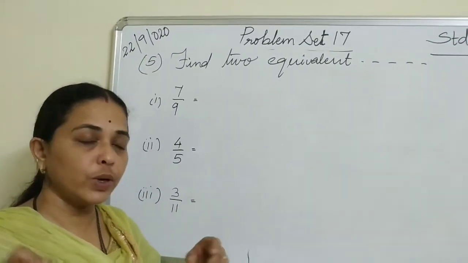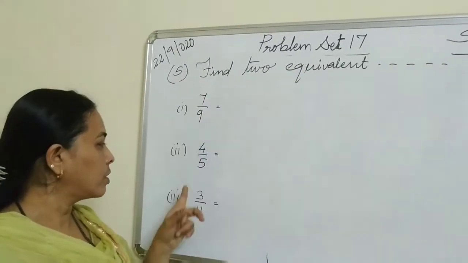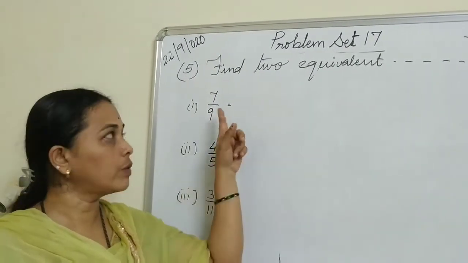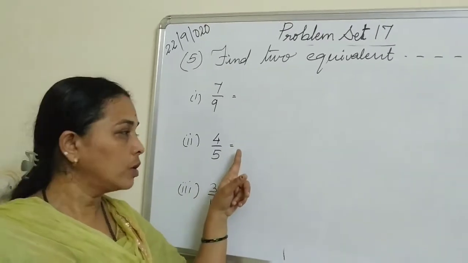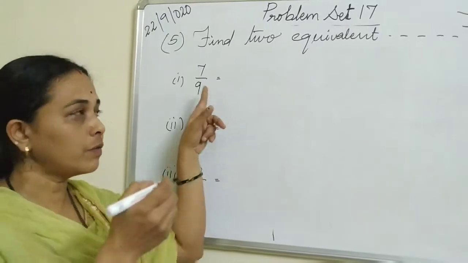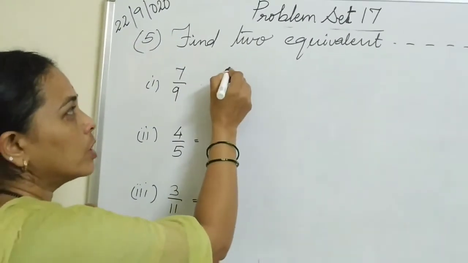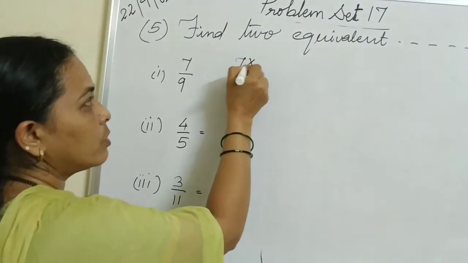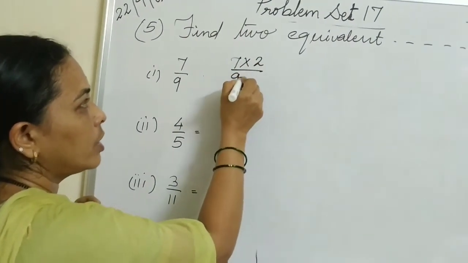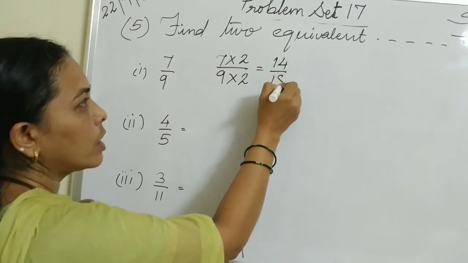You have to find two equivalent fraction to this number, that is sum number 5. 3 sums are given. 2 equivalent fraction to 7 upon 9, to 4 upon 5 and 3 upon 11. 7 upon 9, we can multiply this fraction by any number. So 7 into 2 upon 9 into 2. So 7 2s are 14, 9 2s are 18.